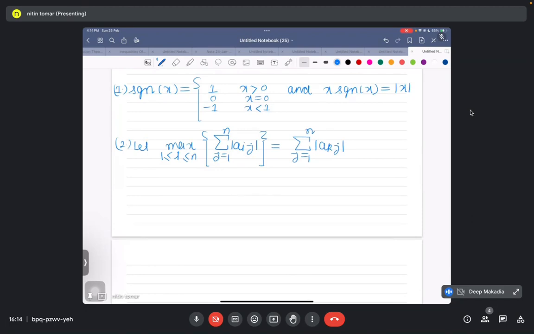Now I am giving you one vector. You tell me what to do. Now define x to be of this form. Any x will be x1, x2, up to xn.